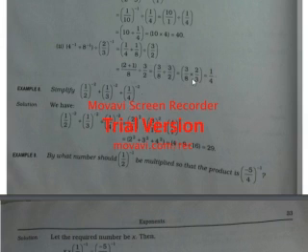Now when divide changes into multiply, it becomes 3 by 8 into 2 by 3. 2 goes up and 3 comes down, so 3 and 3 got cancelled and 2 fours are 8, so it becomes 1 by 4.